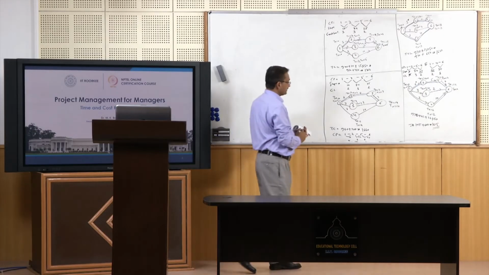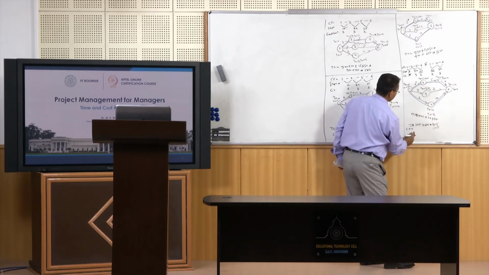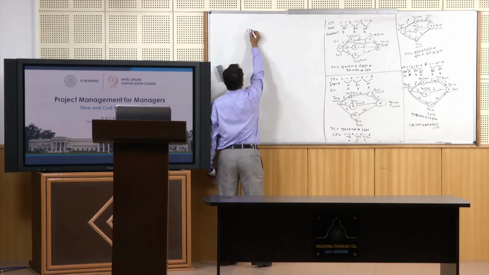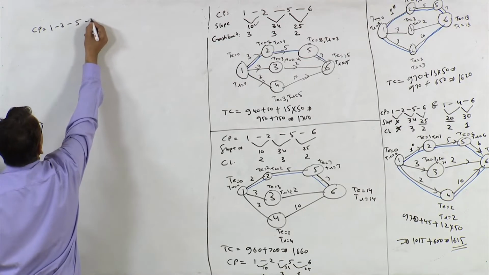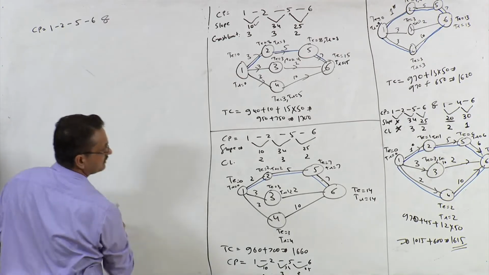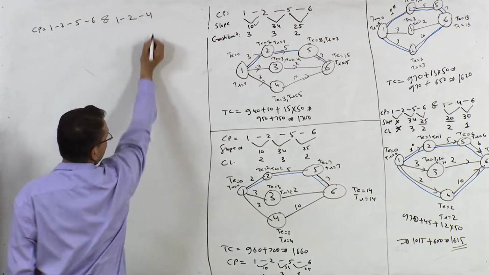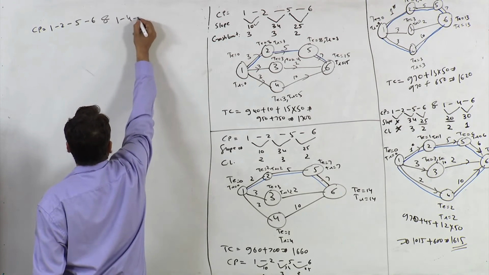So here let me again write critical path. So critical path is 1, 2, 5 and 6, and the second critical path is 1, 4, 6. It's 1, 4 and 6, right.